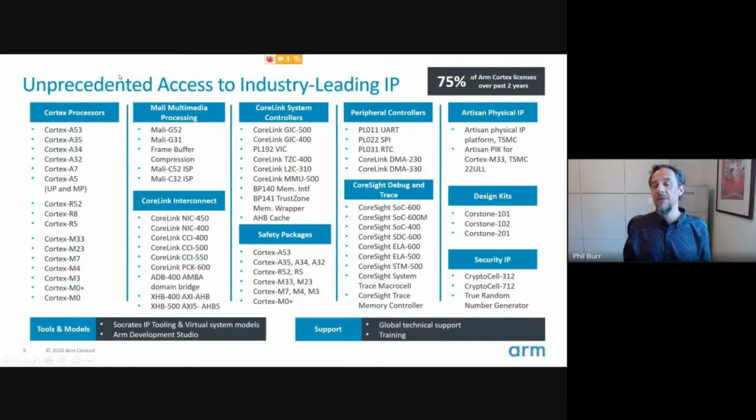I mentioned that there was a large amount of technology that we're providing, and actually it's an incredible amount of technology. I think it's 16 of some of our most widely licensed technologies, and these are used in an incredible number of devices. For those that are familiar with ARM technology, something like Cortex-A53 is a very high-end processor capable of running Linux.